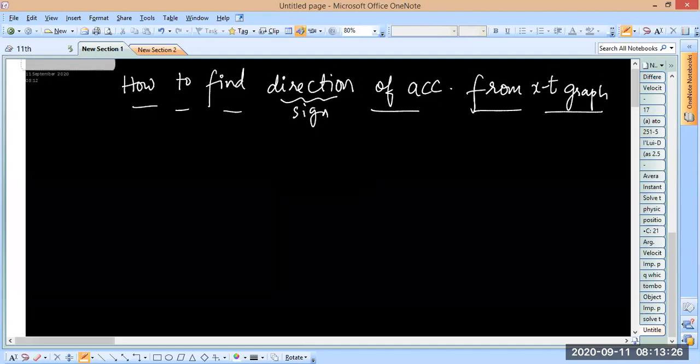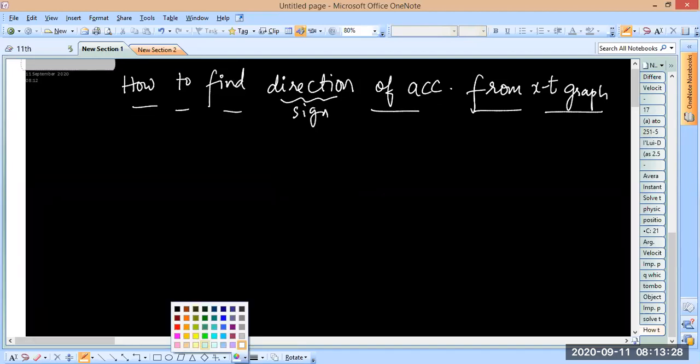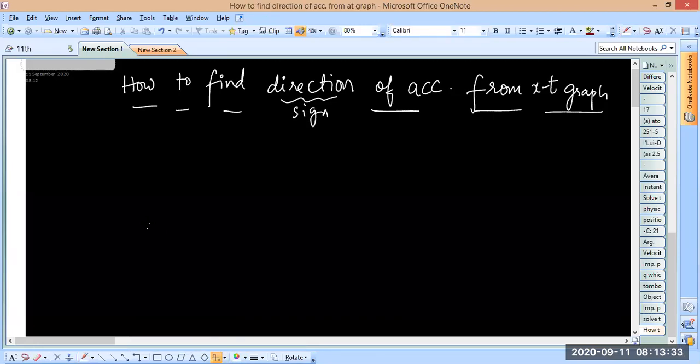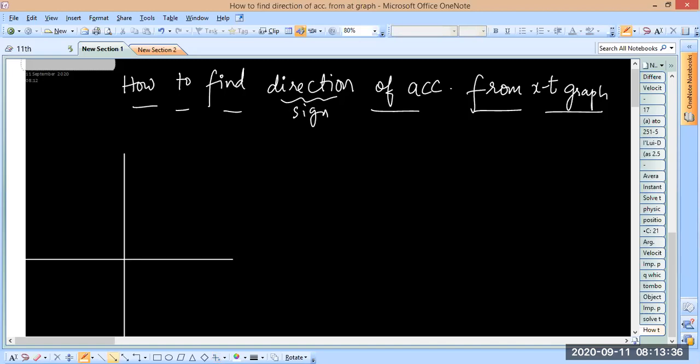First of all, let's take a typical xt graph, and let's say that graph is a straight line like this. This is the xt graph, position time graph. Even if I hide this portion, the slope is the same.